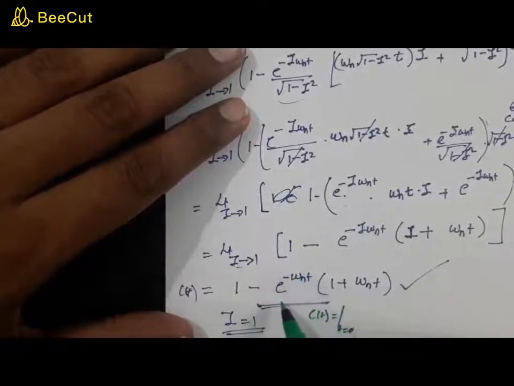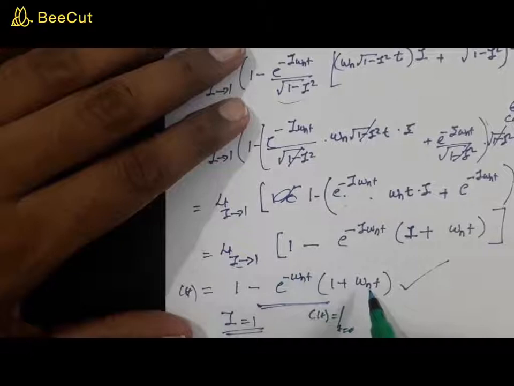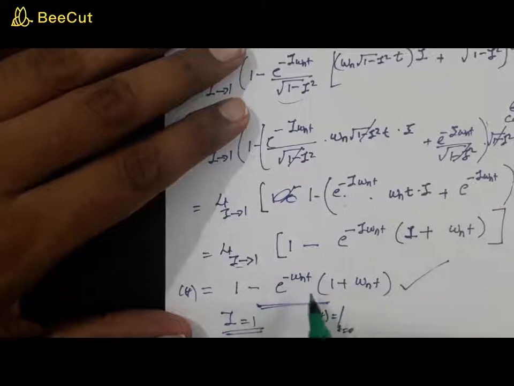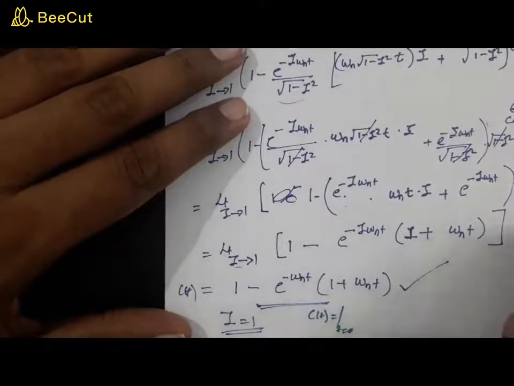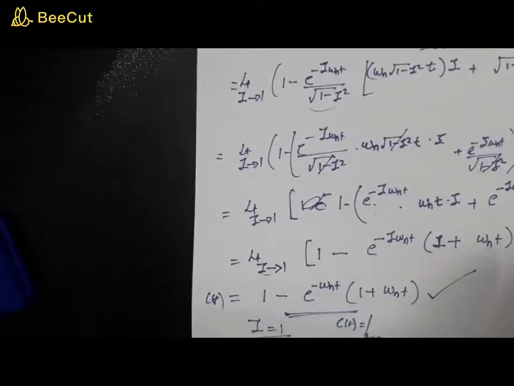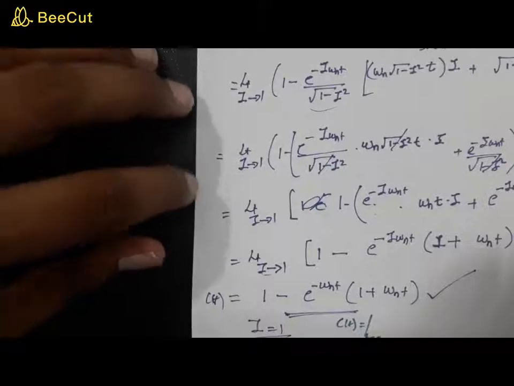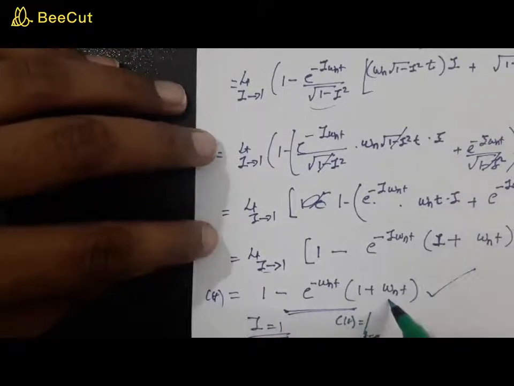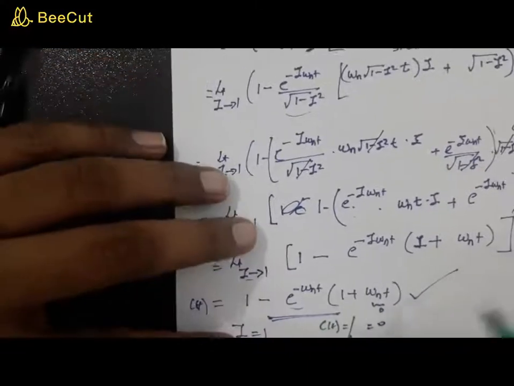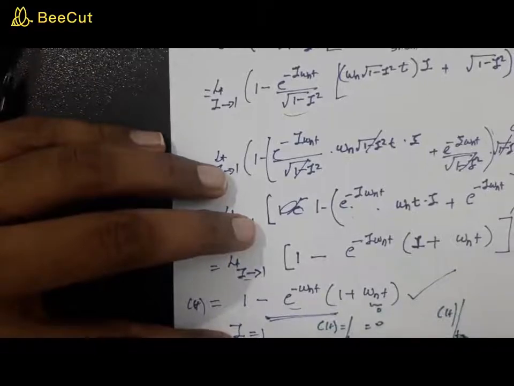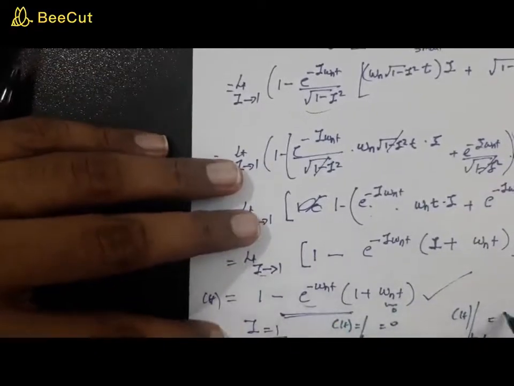Substituting t equal to 0, this becomes 1 and this becomes 1 minus 1, which is equal to 0. Now what about c of t at t equal to infinity? When you substitute infinity, this becomes 0 and it is equal to 1.